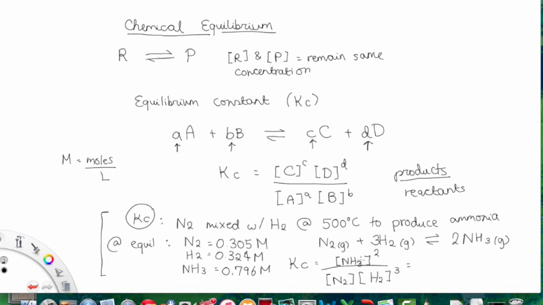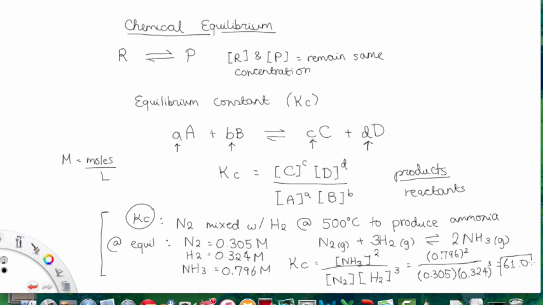We put in the concentration values that were given to us: 0.796 squared divided by 0.305 times 0.324 cubed. All of these are in units of concentration, molar, so everything's going to cancel out. When you plug this into your calculator, the answer is going to be 61.0.